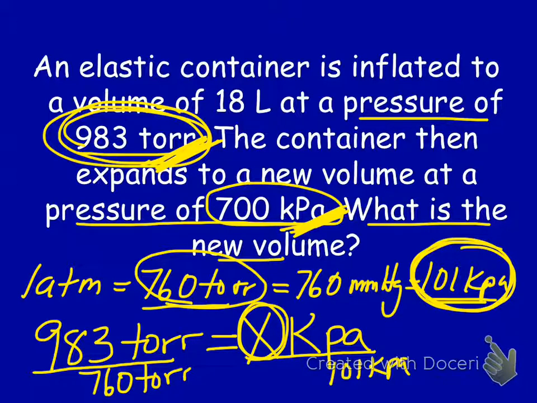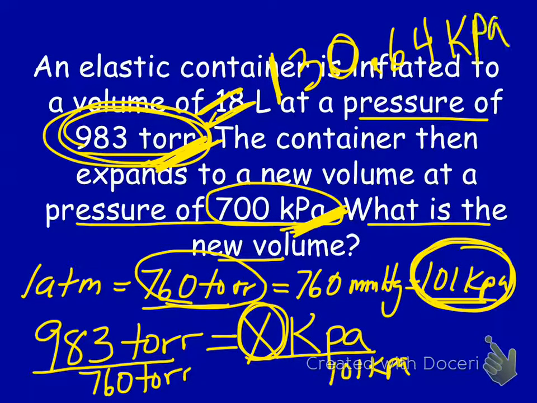And then all I'm going to do is cross multiply and solve for x. So when I cross multiply and solve for x, what I'm going to get is that 983 torr is equal to 130.64 kPa.